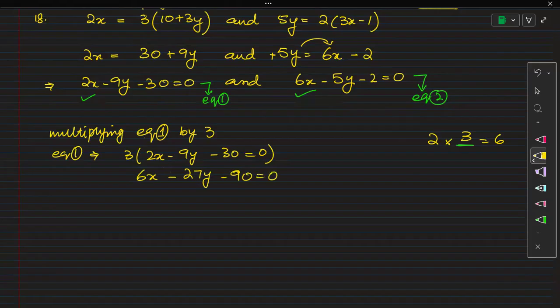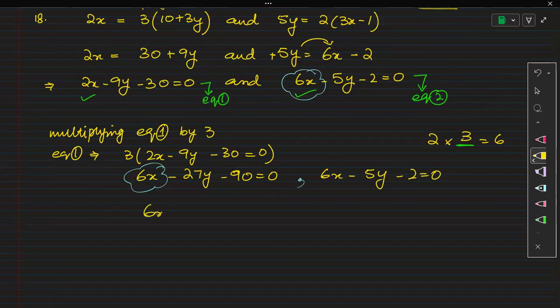Now we have found that this number, which is 6x, and this number, which is also 6x, are equal, right? Now what we can do is subtract them out. Why? Because they both are equal and they both have the same sign. So 6x minus 5y minus 2 equals 0.